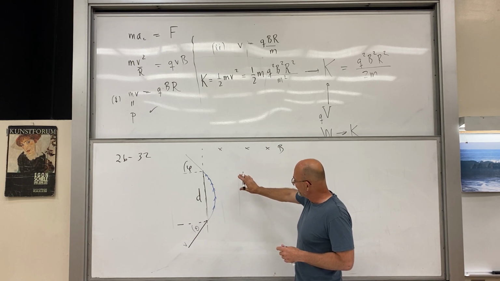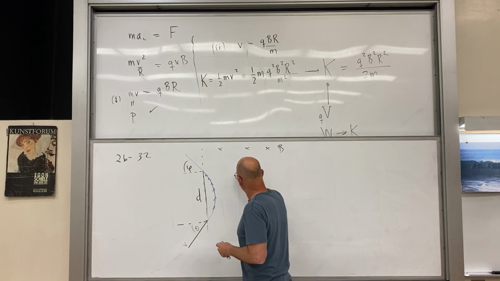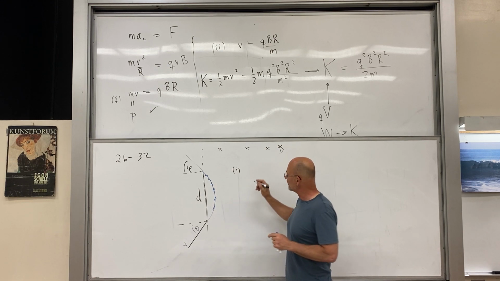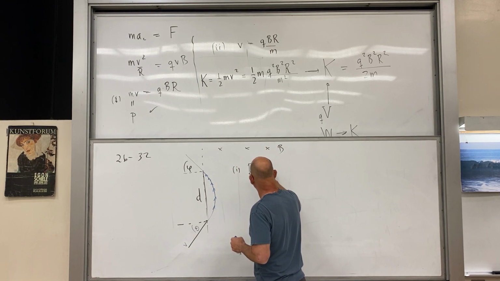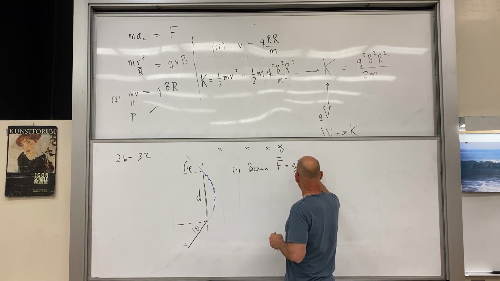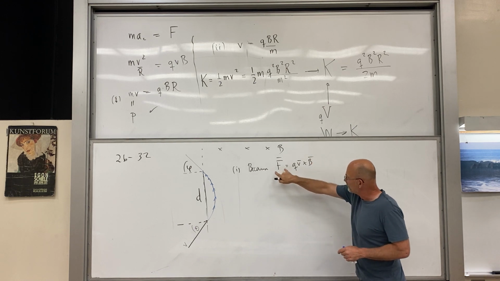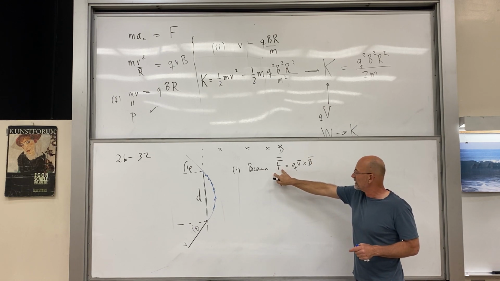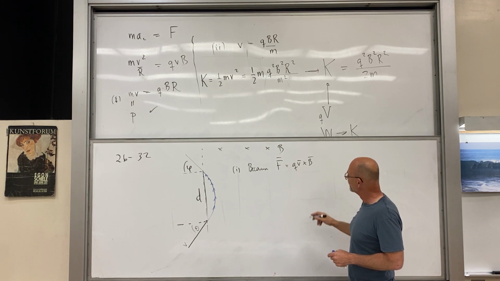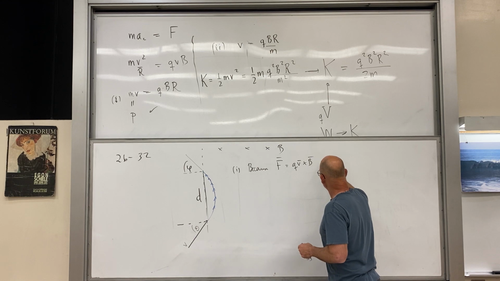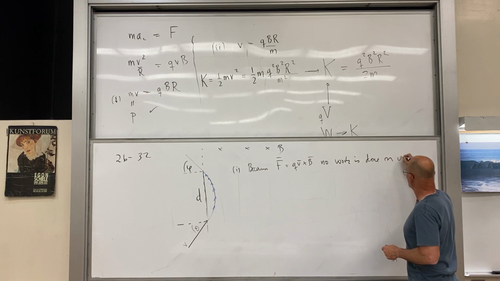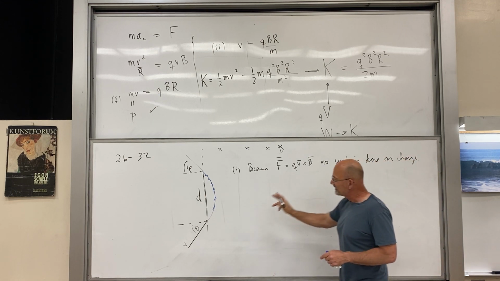Now, the physics of this is, first of all, that the magnetic force does no work on the particle. Because F is equal to q V cross B, the force is always perpendicular to the velocity, and that means there's no work done. No work is done on the charge, so its speed stays the same.